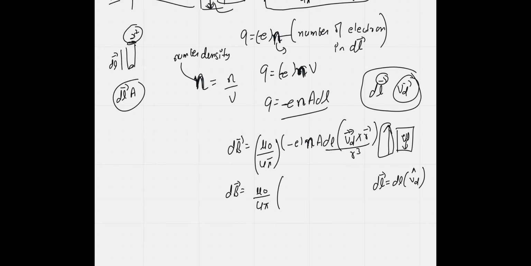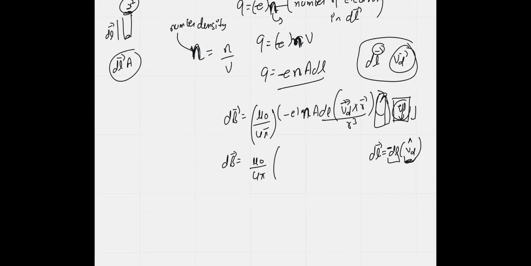Can I say this unit vector is basically negative, because this is the magnitude and this is the direction. This is moving in this direction, so the opposite direction is this. So instead of this vd, you can write the magnitude of vd multiplied by the dl vector, the unit vector.